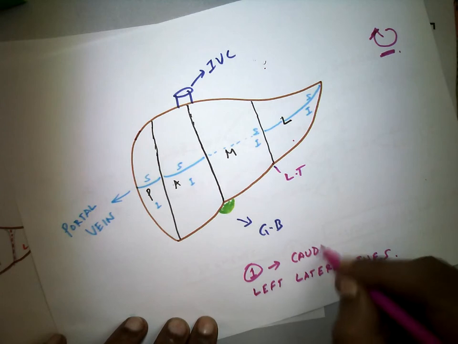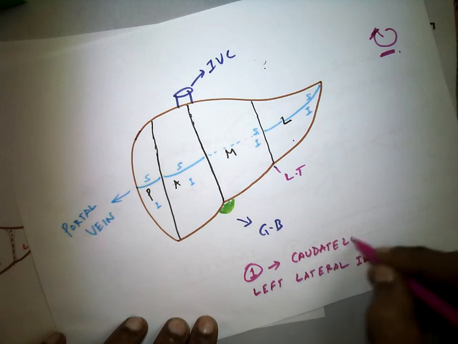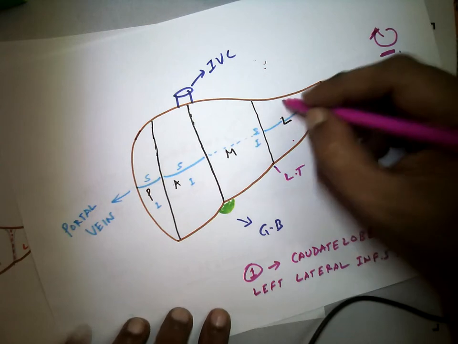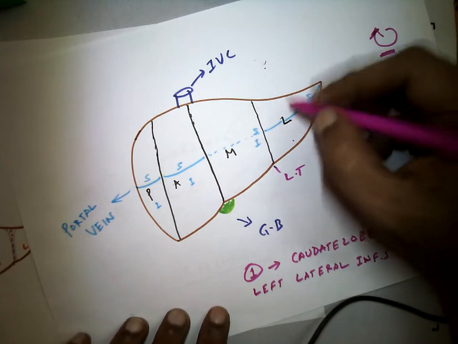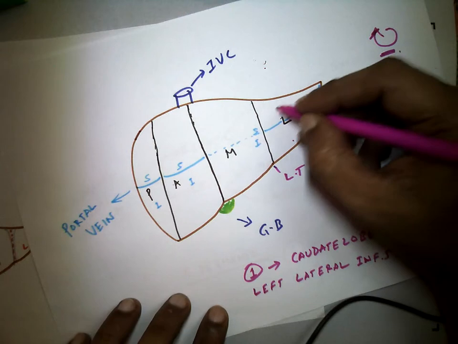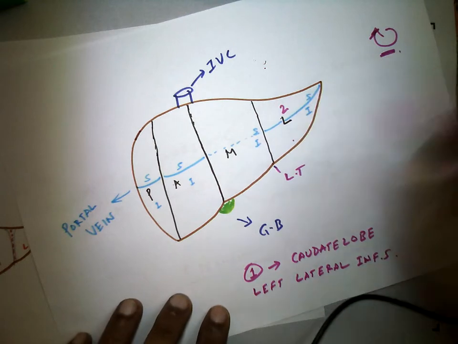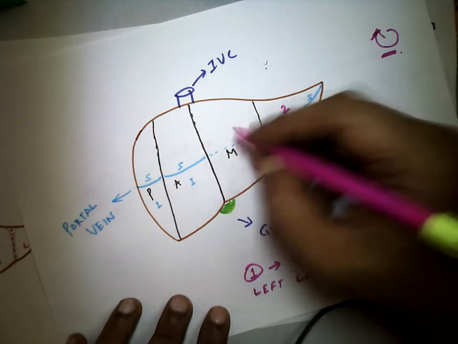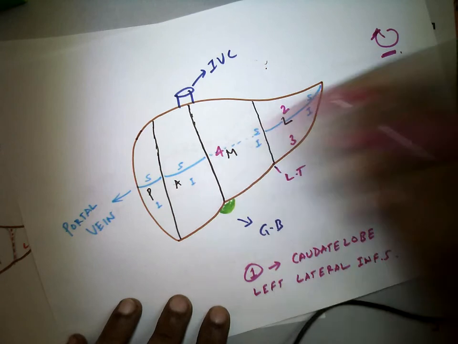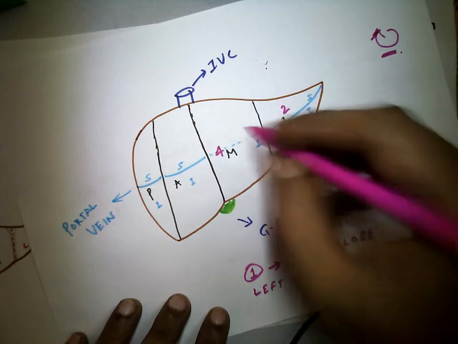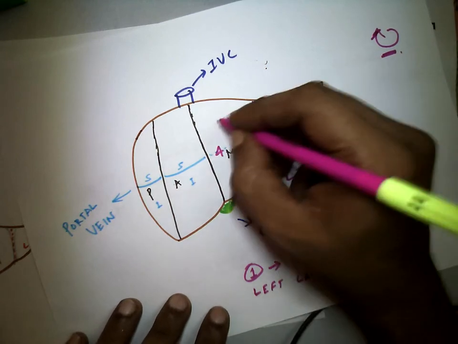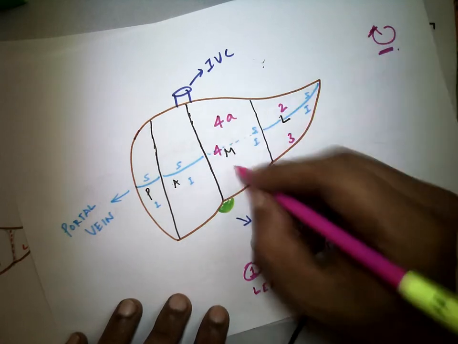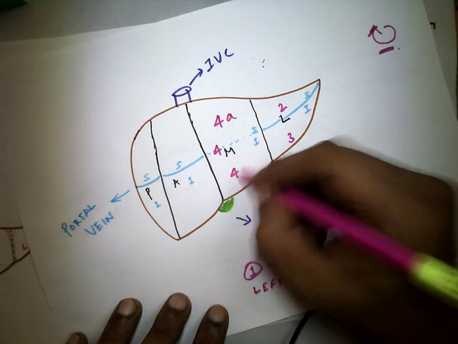So we'll start from this end here. This left superior lobe segment is named as 2. Then left inferior is named as 3. This whole medial part is actually named as 4. For our convenience, the left medial superior is labeled as 4a, and left medial inferior is named as 4b.